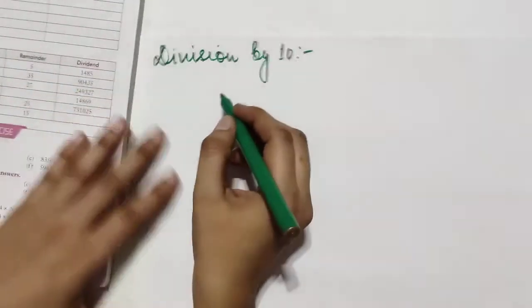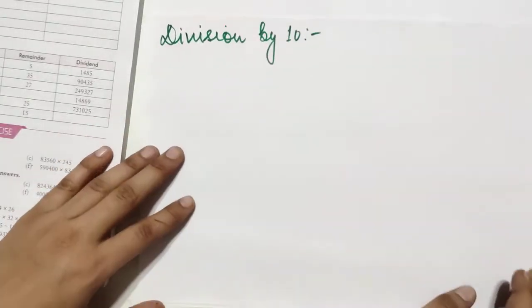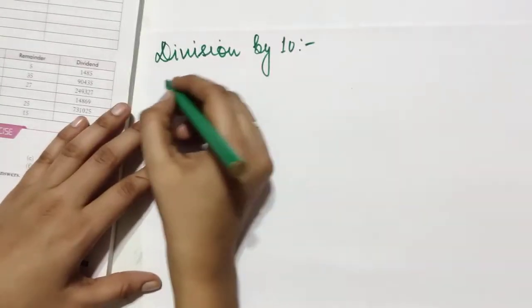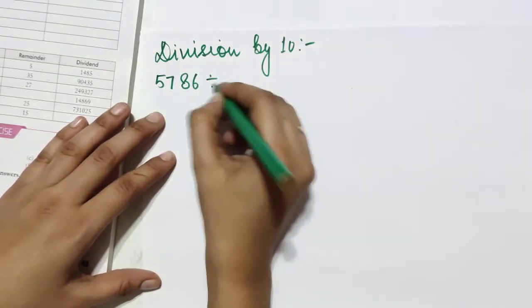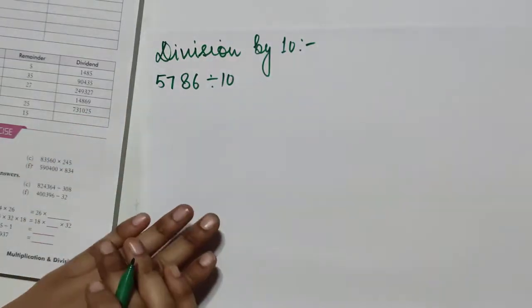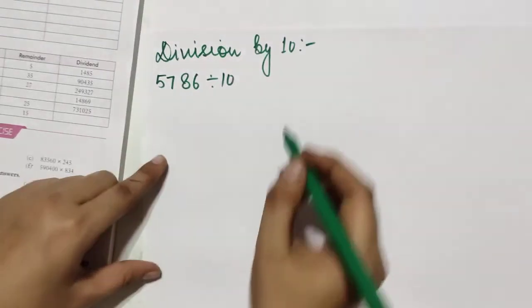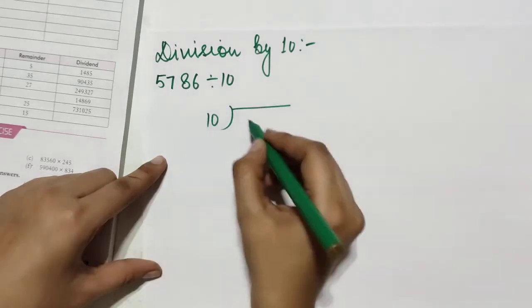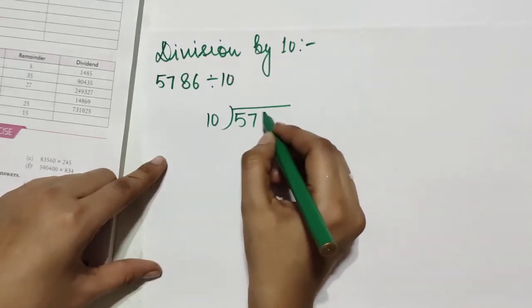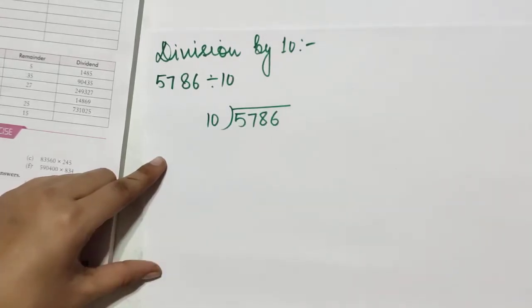For example, if we have to solve 5786 divided by 10. To solve this, we write 10 as the divisor and 5786 as the dividend.